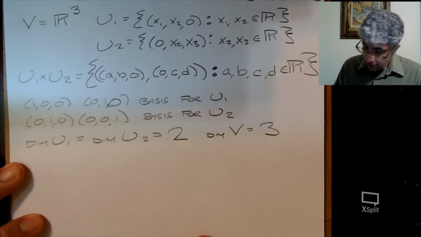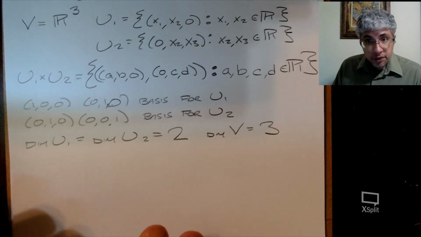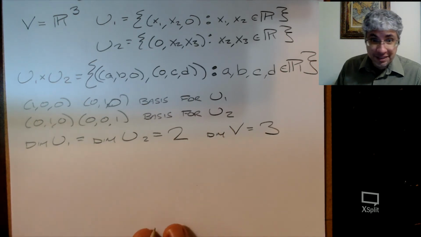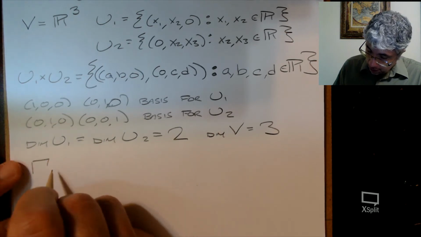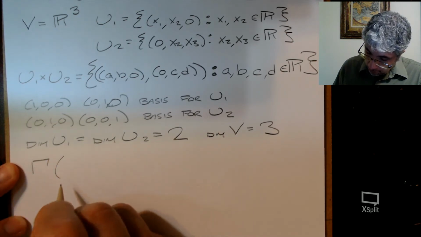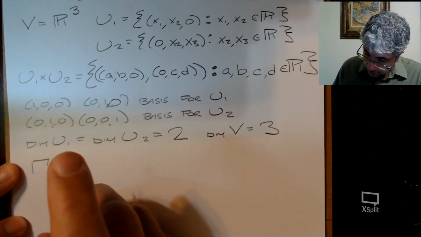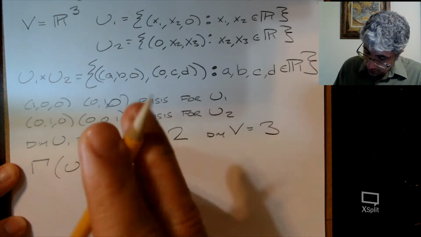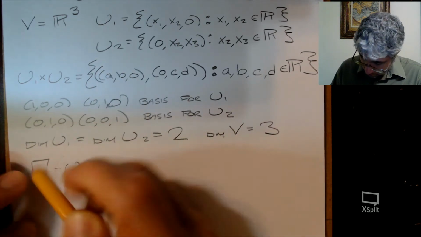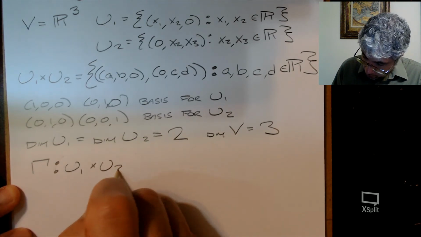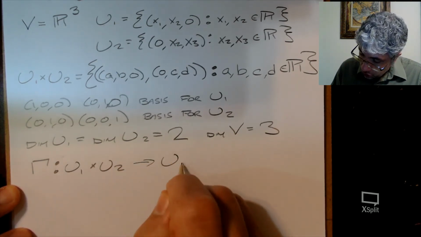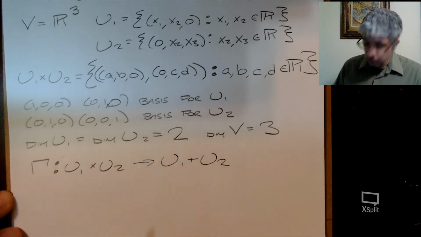Okay, so I want to talk about a map, and it's a natural idea. I want to make a map from U1 crossed U2 to U1 plus U2.